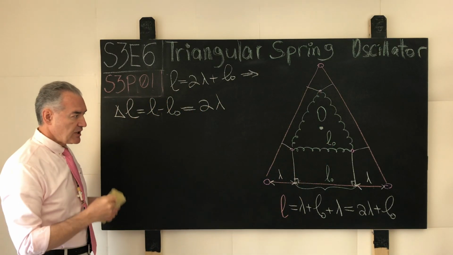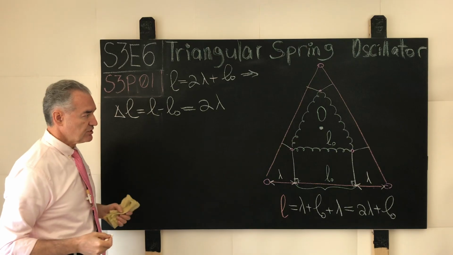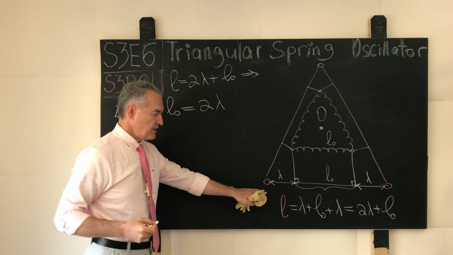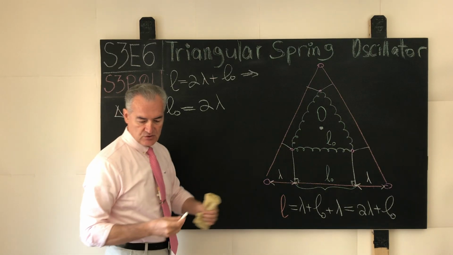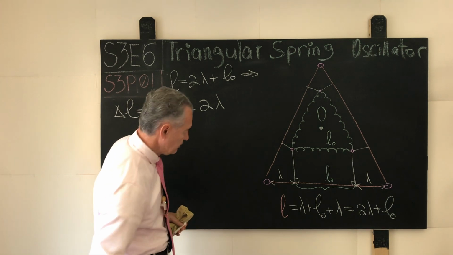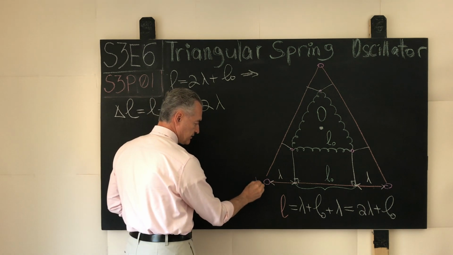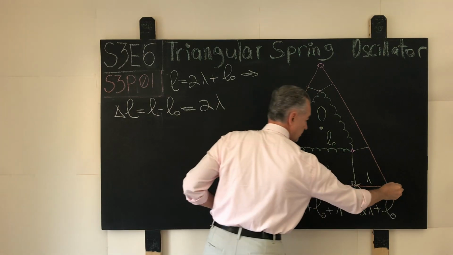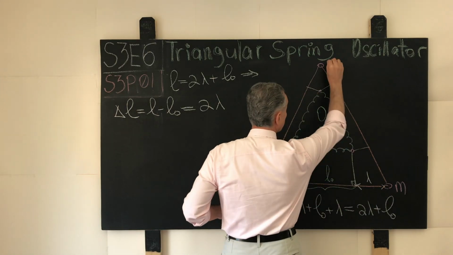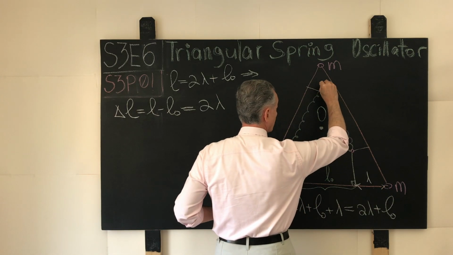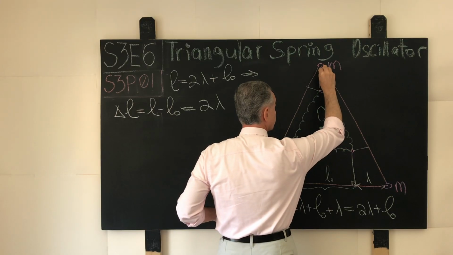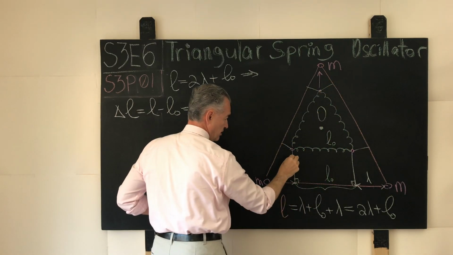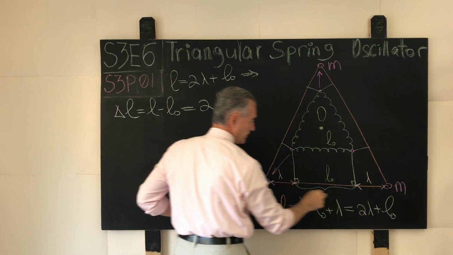And I will not be redrawing this diagram that I show over here, guys. You should be able to see it in your mind's eye. Let's say this is our mass M, and M over here. We understand what's going on. So here we underwent an expansion. This expansion is radial.